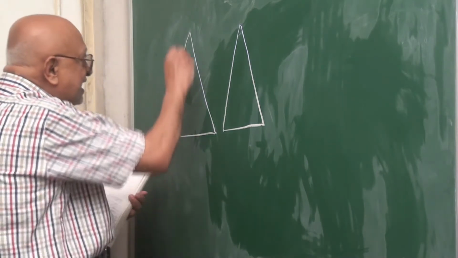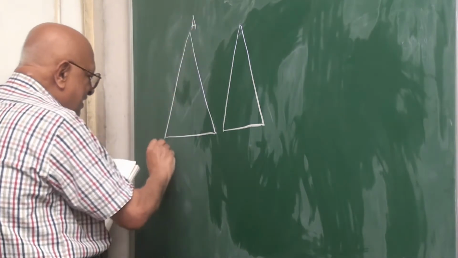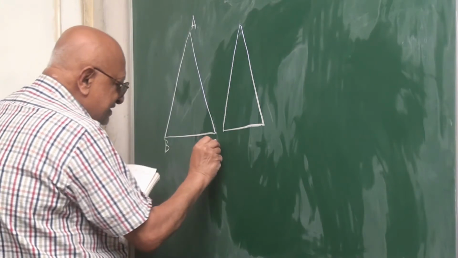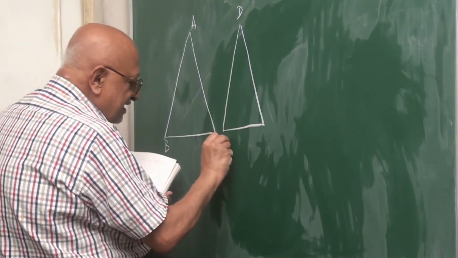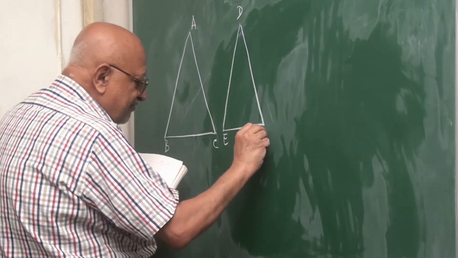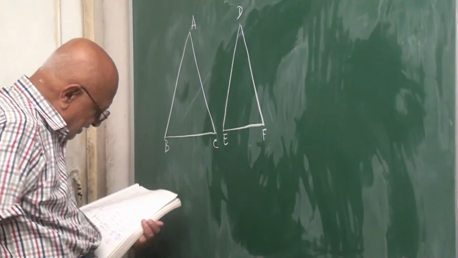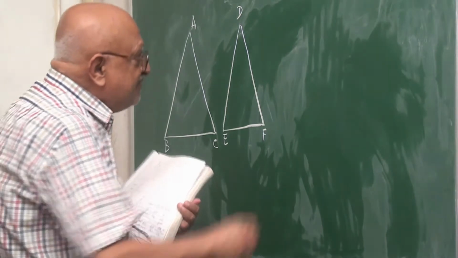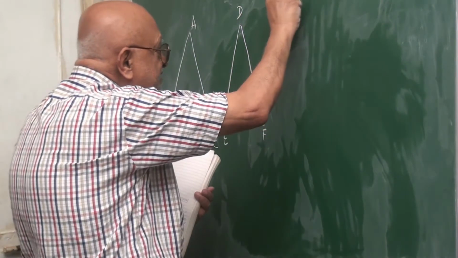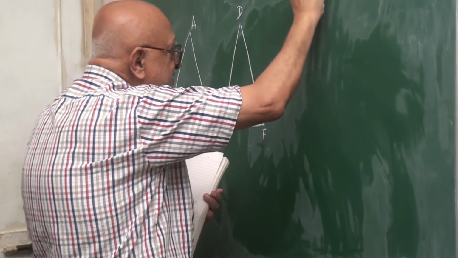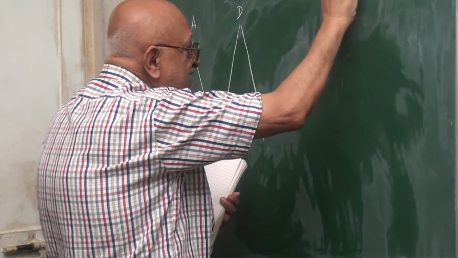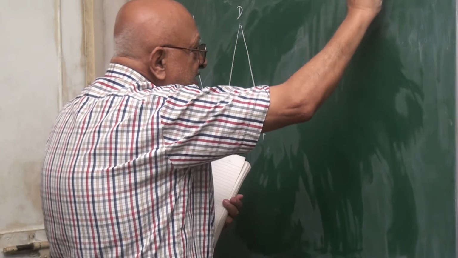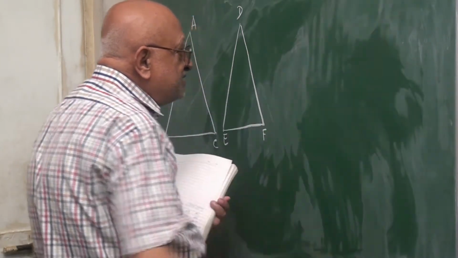So this is A, B and C. This is D, E and F. It's given that these two triangles are, sorry, not congruent, similar: triangle ABC similar to triangle DEF.